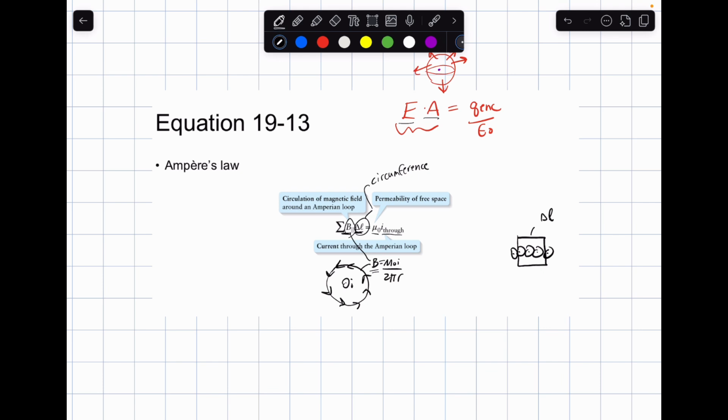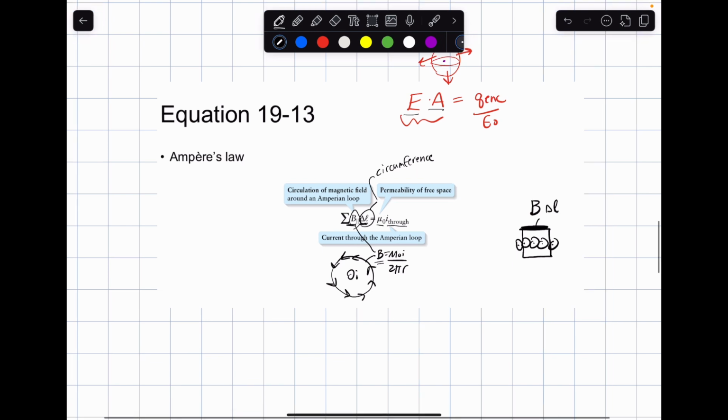But it's not going to be just the perimeter times the magnetic field. It's going to be the length of this side of the loop times the magnetic field here. It's going to be the length of this side times the magnetic field at that point, and so on, right? We got to add them all up.